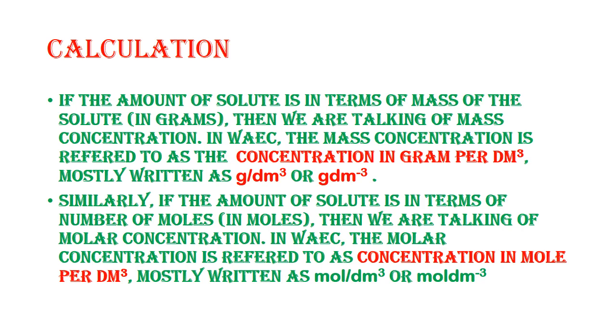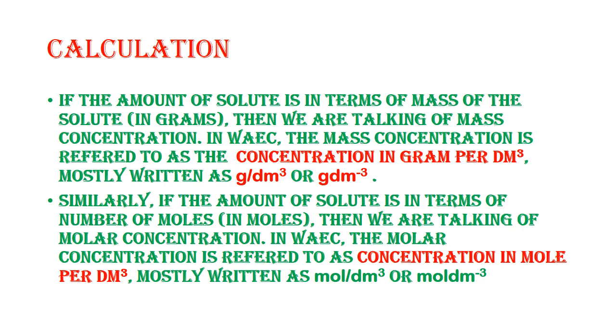In WAEC, they don't normally refer to them as molar concentration or mass concentration. In WAEC, the molar concentration is concentration in mole per dm cube. They refer to it as concentration in mole per dm cube, mostly written as mol/dm³.